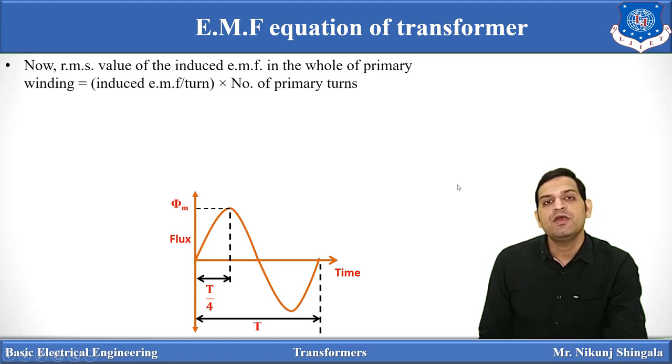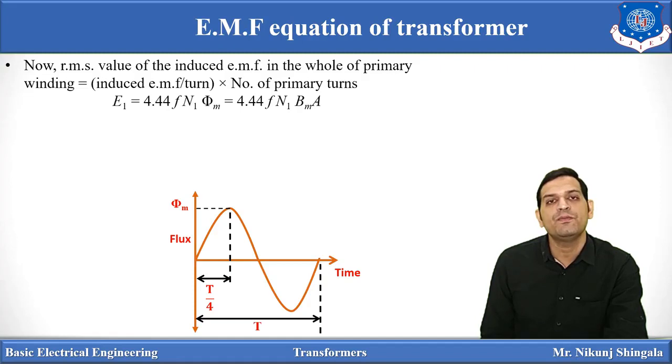Now RMS value of the induced EMF of the whole primary coil is equal to induced EMF per turn into the number of primary turns. Now number of primary turns is N1. So E1 is equal to 4.44 f N1 phi m. That is nothing but 4.44 f N1 Bm A, because phi m is equal to Bm into A, where Bm is the maximum flux density and A is the cross sectional area.